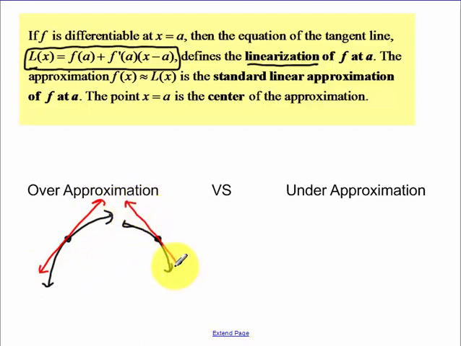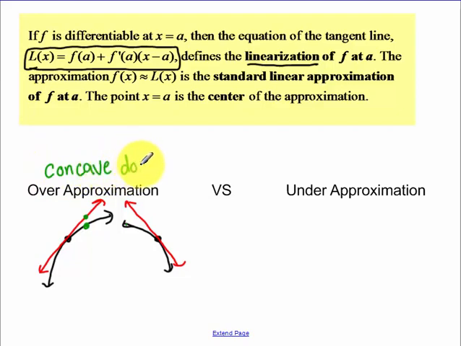Is this point, either side of my point of tangency, say let's go over 0.2 or whatever, delta x. Is this point that's on my tangent line an over or under approximation of my actual function? It's above, so it's an over. So we over approximate when we are concave down.